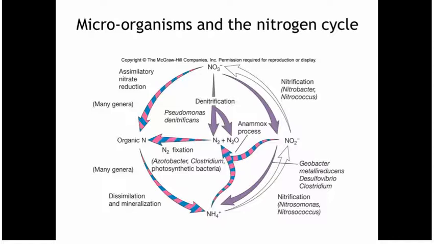Okay. So these white arrows, okay, you've got nitrate going to nitrite, going to ammonium, and you've got the same thing, ammonium going to nitrite, going to nitrate. So one of these is chemolithotrophy, and one of them is anaerobic respiration.